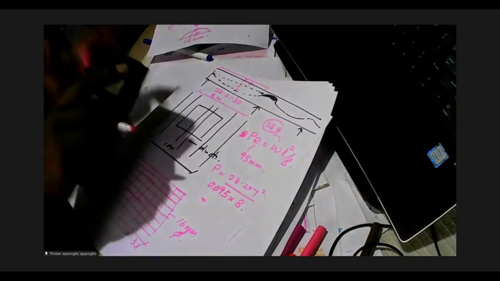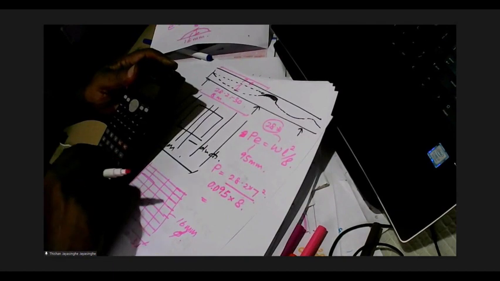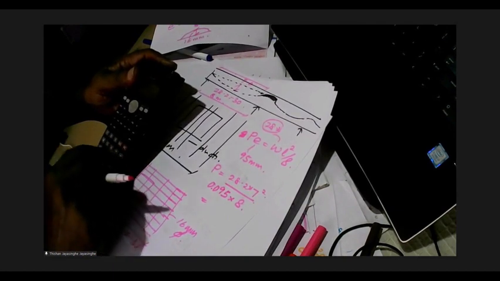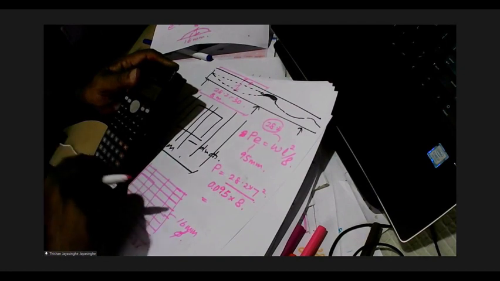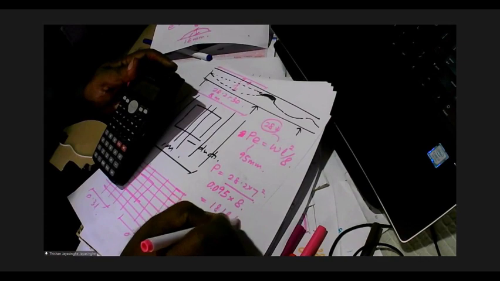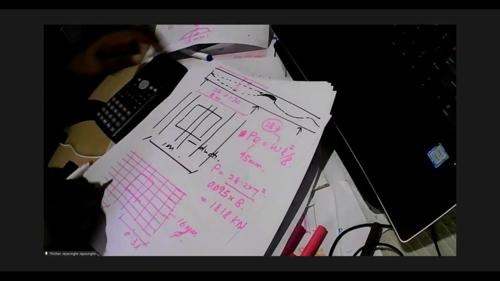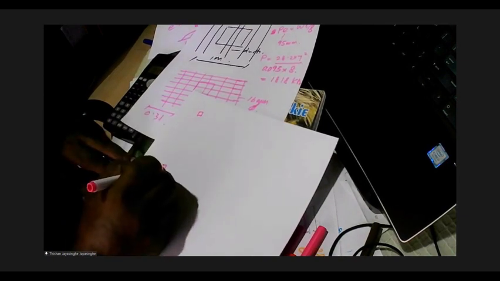From that, you can find the pre-stressing force needed: 28.2 multiplied by 49 divided by 0.095 divided by 8. So you get 1880. So with this information, now we can tell about the pre-stressing system that is needed.